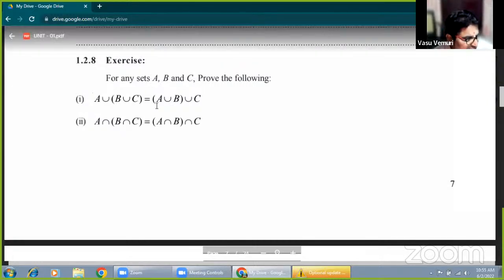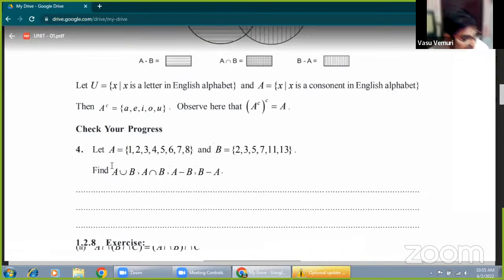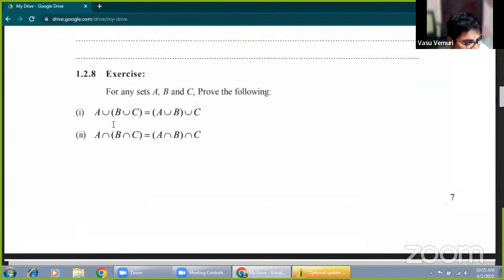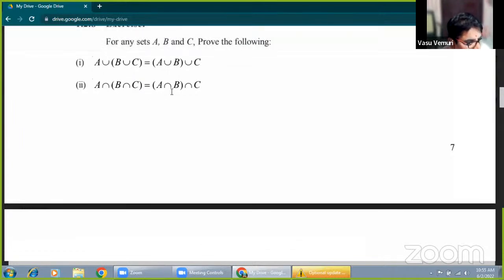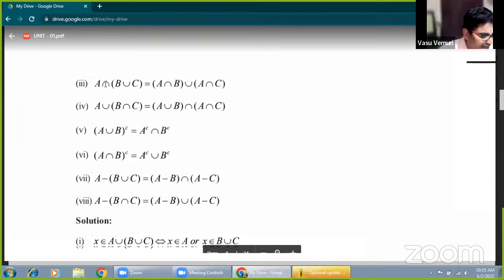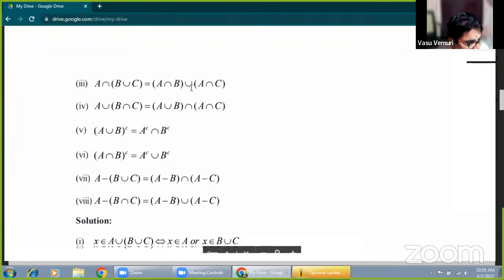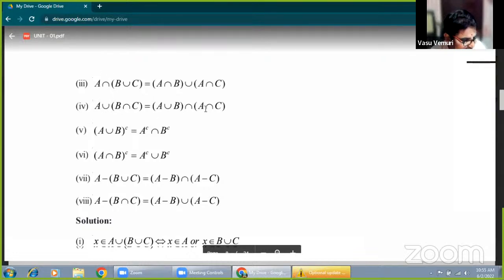A union (B union C) equals (A union B) union C. A intersection (B intersection C) equals (A intersection B) intersection C. In the same manner, A intersection (B union C) equals (A intersection B) union (A intersection C), and A union (B intersection C) equals (A union B) intersection (A union C).